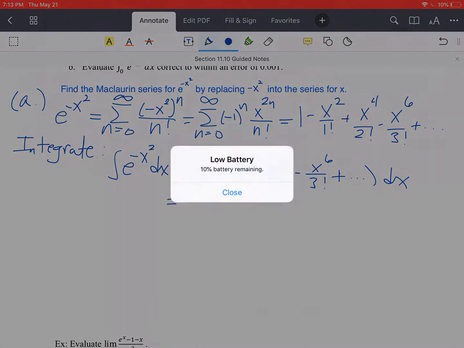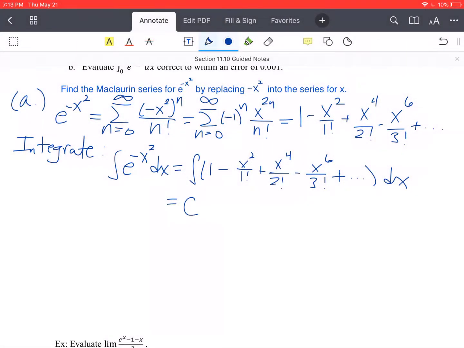That's going to be c, an arbitrary constant, plus x minus x cubed over 3 times 1 factorial plus x to the 5th over 5 times 2 factorial minus x to the 7th over 7 times 3 factorial, etc.